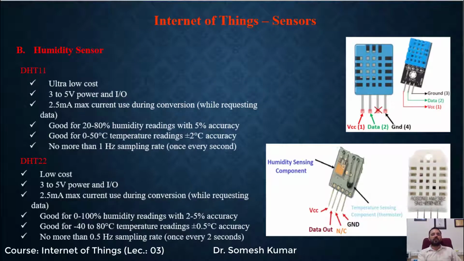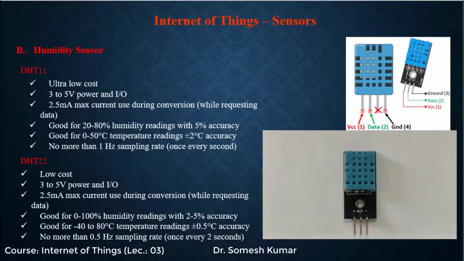So basically the features of DHT11. First I will show you the DHT11. So this is our DHT11 sensor. Basically this DHT11 is both temperature and humidity: the thermistor part is available and the humidity sensing component is also available inside it. It is ultra low cost, it can work on 3 to 5 volt, and it will give 2.5 milliampere maximum current.